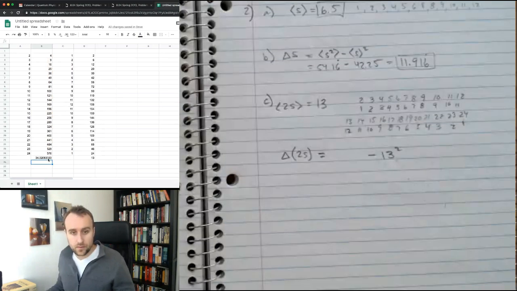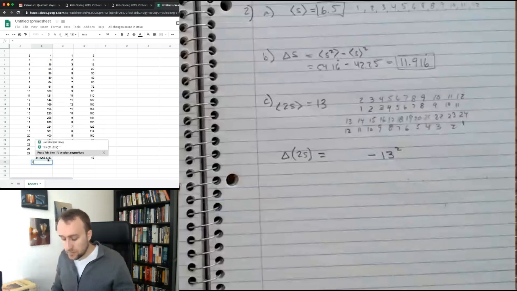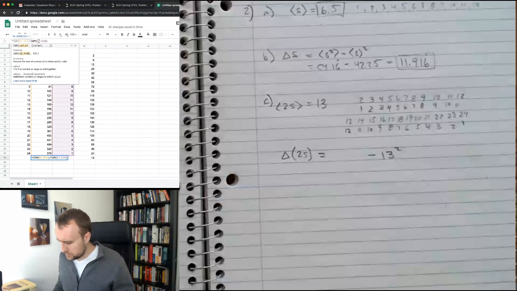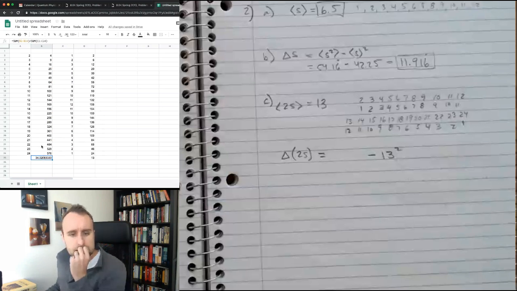So equals, this is wrong. Really? 13 squared. I'm making a mistake here.